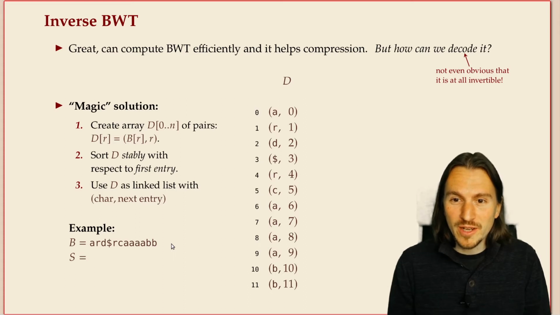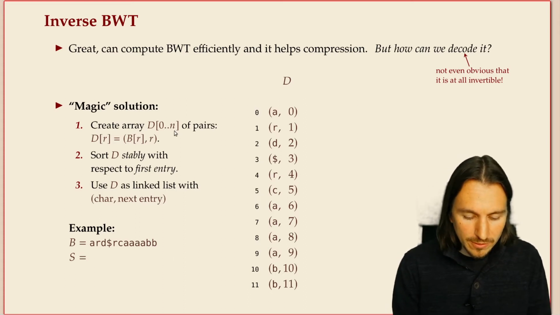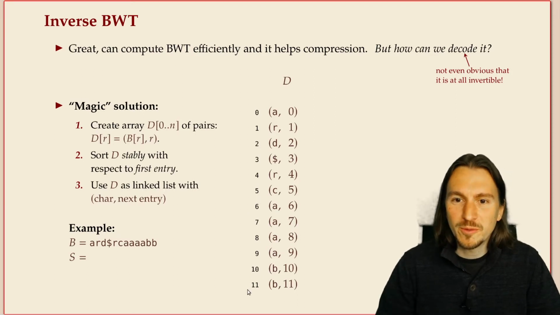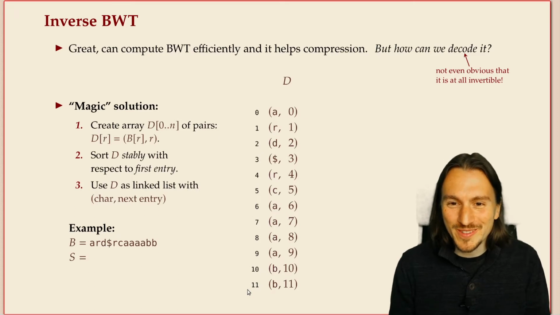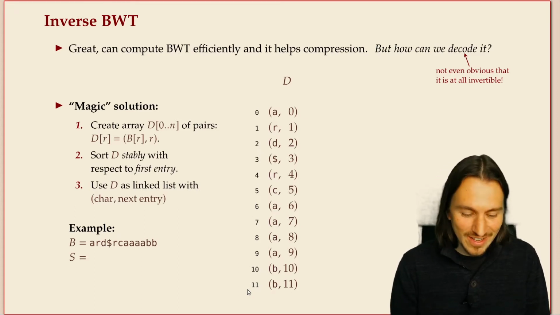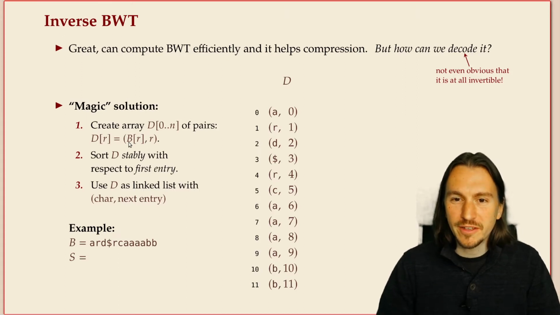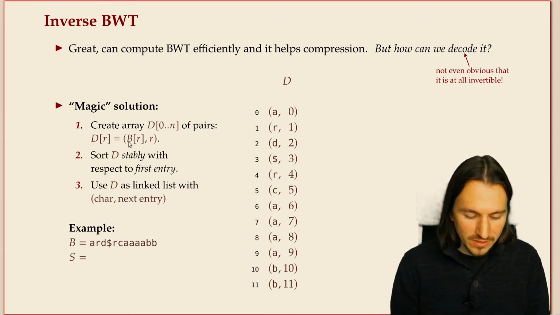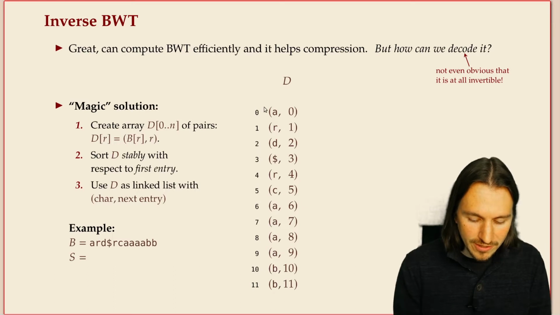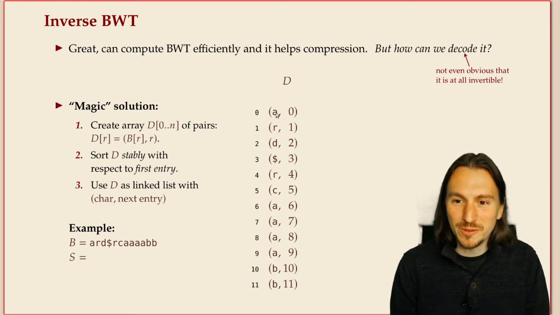So here's the algorithm. We create an array of pairs. This is written down from top to bottom here. The pairs consist of two entries. The first one is the rth character in the BWT, so the entry at position R is the rth character in the BWT.